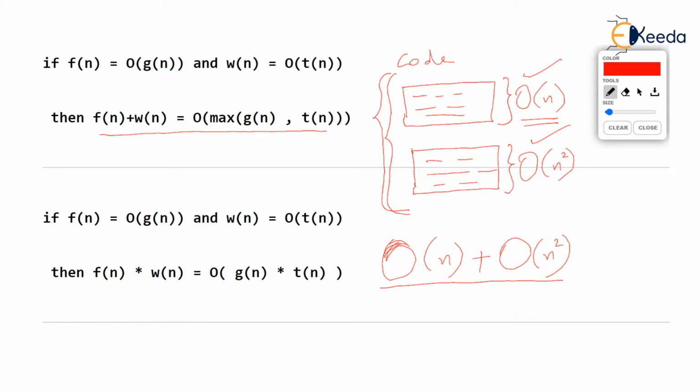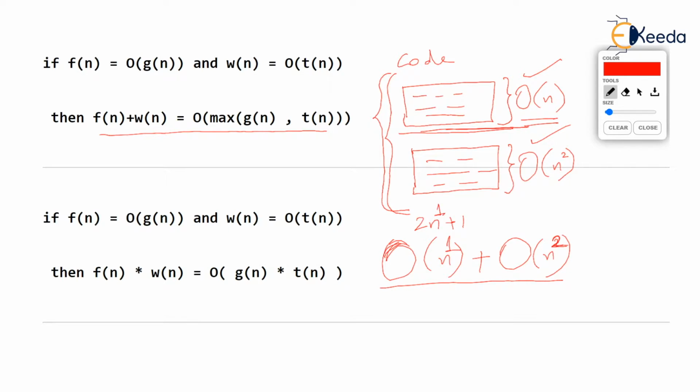But now we know that these two are polynomials. The first one is a polynomial of degree 1 and the second one is a polynomial of degree 2. So indeed, in our analysis of the above code, when we said that the first part of the code is O of n, we must have got some polynomial like 2n plus 1, whatever. But there was a polynomial of degree 1.